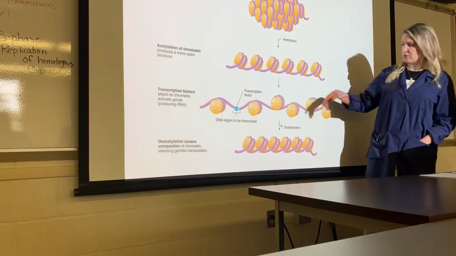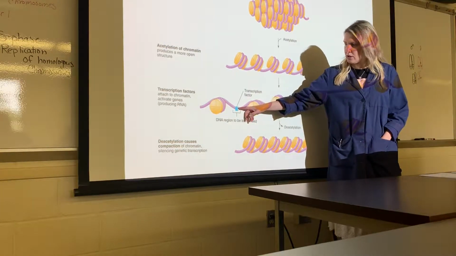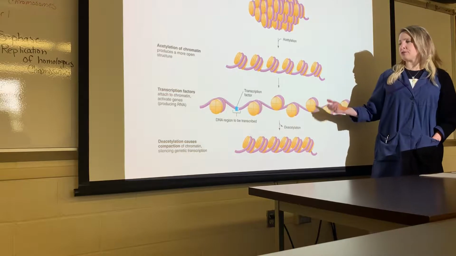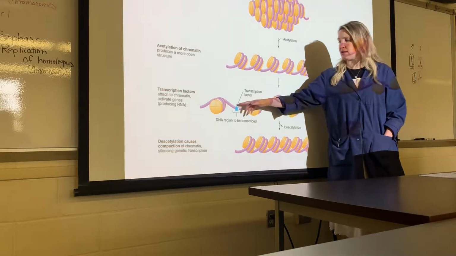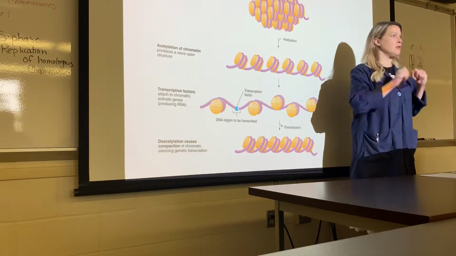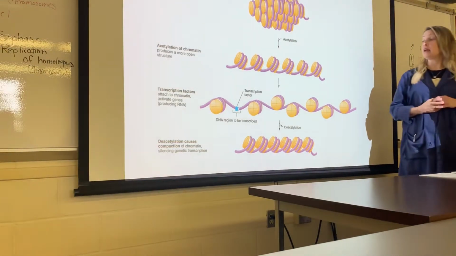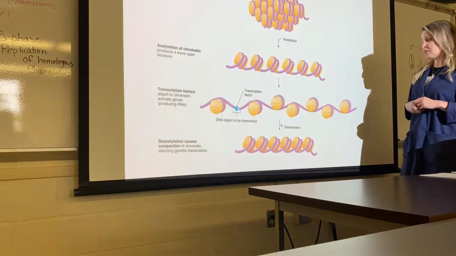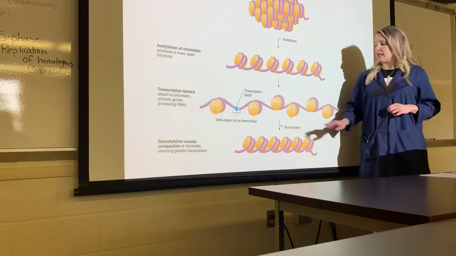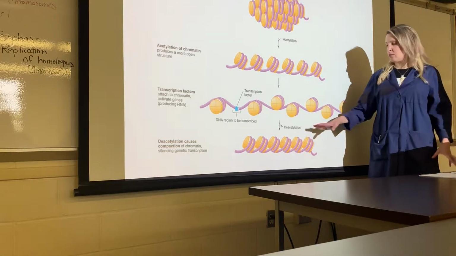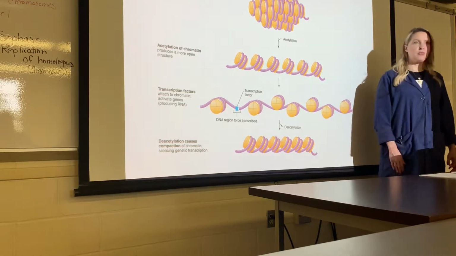Something called a transcription factor will bind to this, and ultimately that gene will be written down or transcribed into a messenger RNA molecule. When transcription is complete, deacetylation occurs, so we take away the acetyl group and it becomes heterochromatin again.